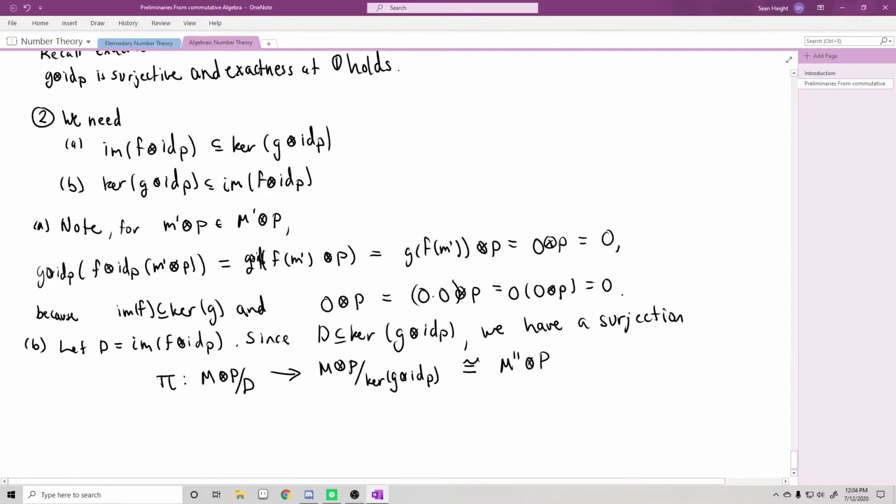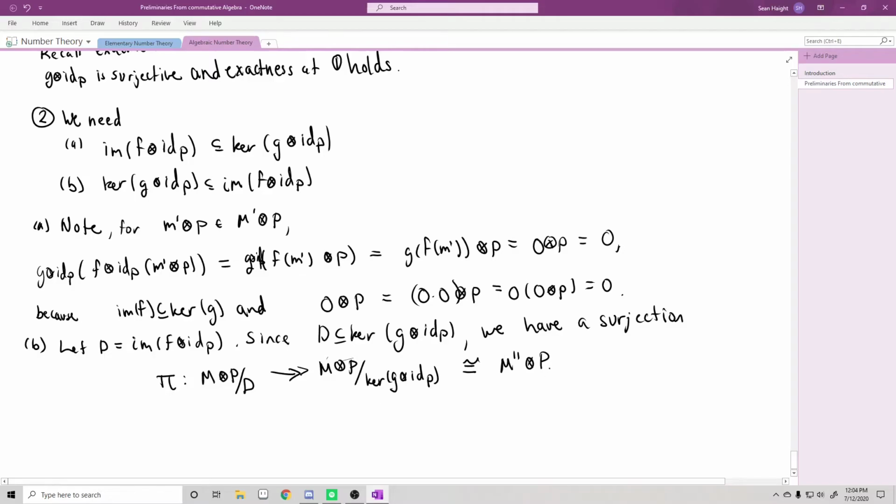Essentially, if you have containment of submodules like this, when you take a quotient, you automatically get a surjection from your module modulo the smaller submodule to your module modulo the bigger submodule. You essentially use the universal property of quotients along with your initial projection from M tensor P to the module mod the kernel to get such a map.